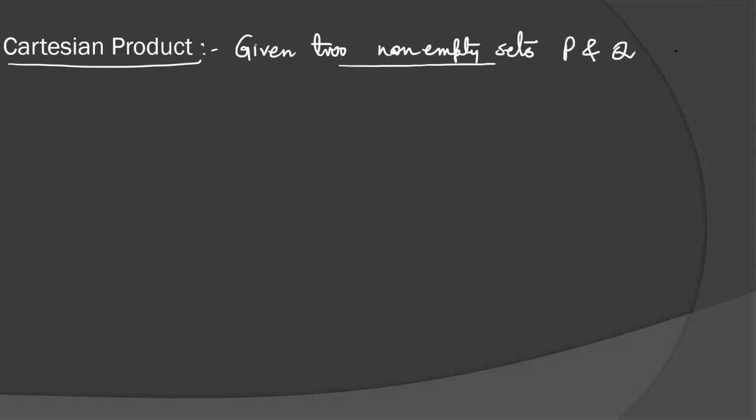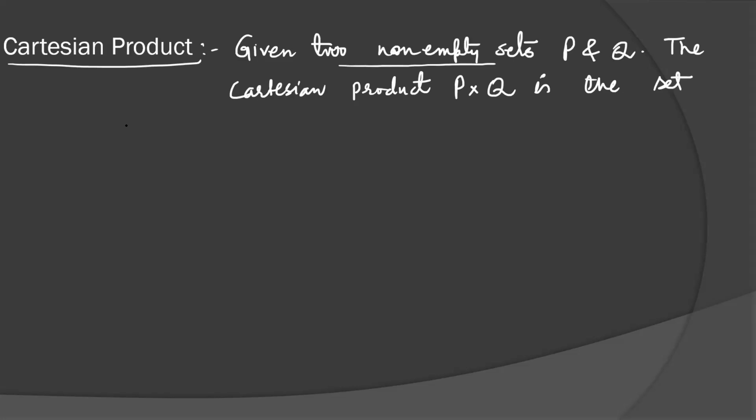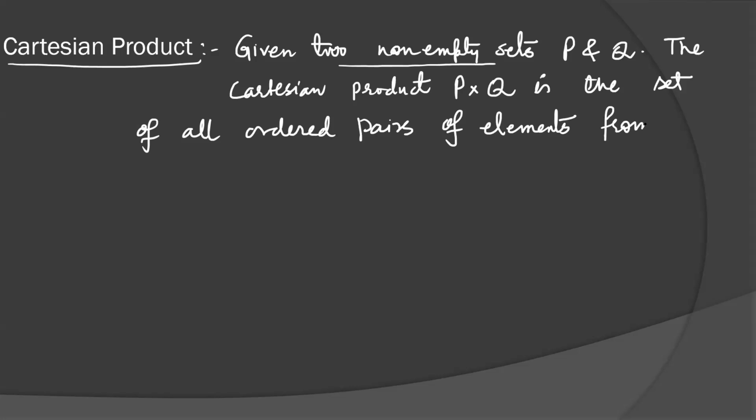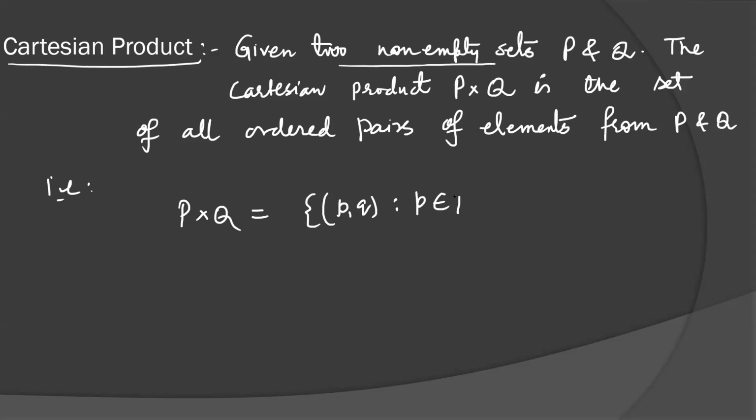P and Q, the Cartesian product P cross Q, this is the notation, P product Q, is the set of all ordered pairs of elements from P and Q, such that P cross Q is given as all the ordered pairs p comma q, where p is belonging to set capital P and small q is belonging to set Q.